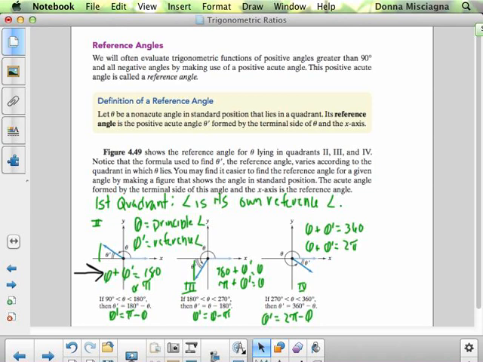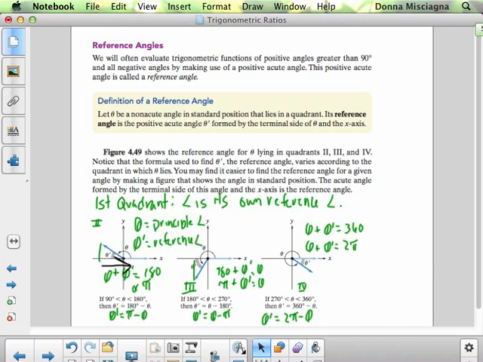If I want to find the reference angle, we're just going to subtract our principal angle from 180 degrees or from pi, depending on whether we're working with radians or degrees. So the reference angle is 180 degrees minus the principal angle.